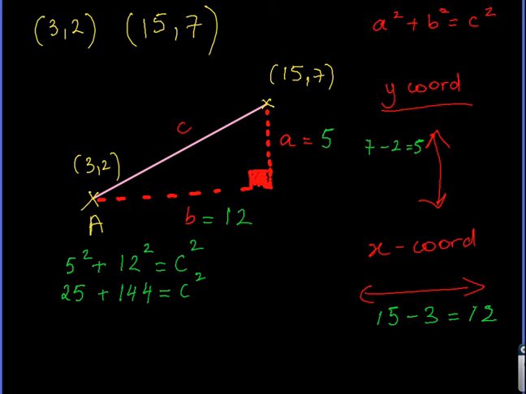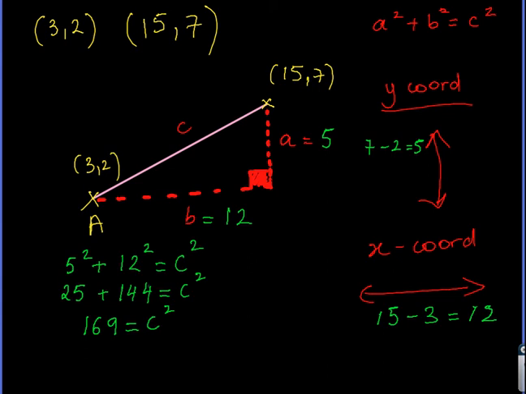If I add 25 plus 144, that gives me 169, and that's equal to c squared.